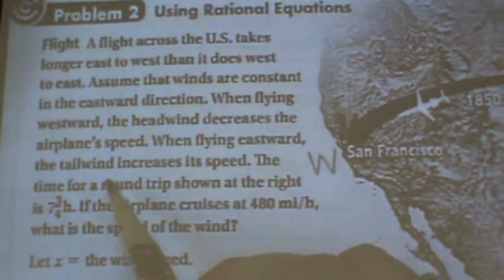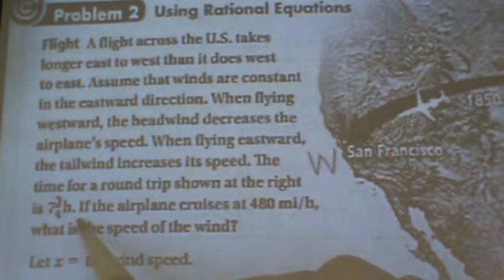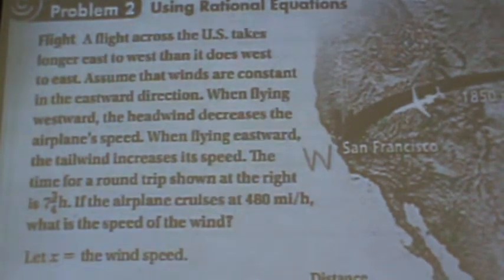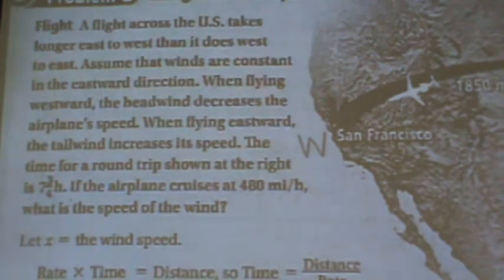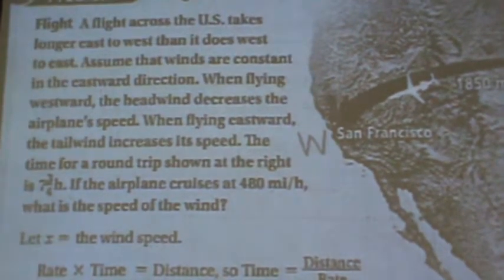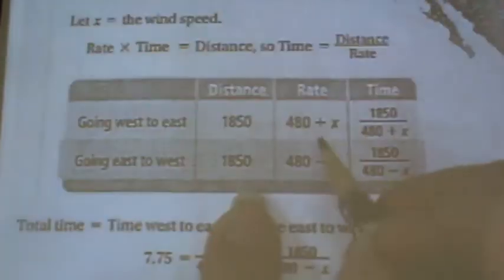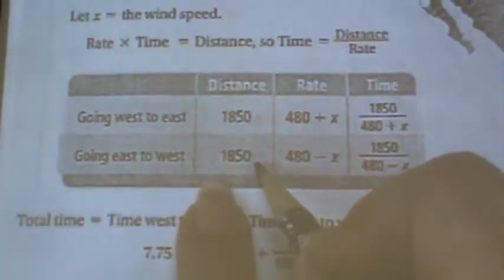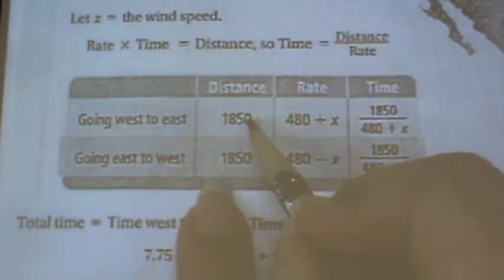The time for the entire trip is 7 3/4 hours, so 7.75 hours. The plane speed is 480 miles per hour. So they want to know what is the wind speed. Everyone cool with that? See if this makes sense. The distance does not change, it's 1850.